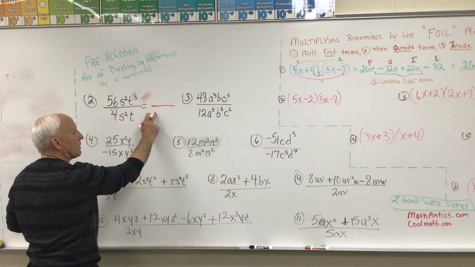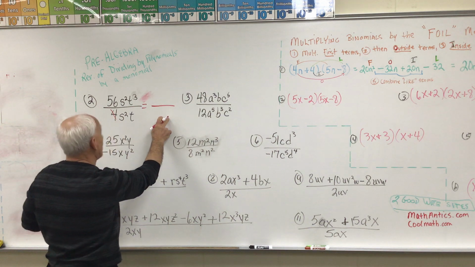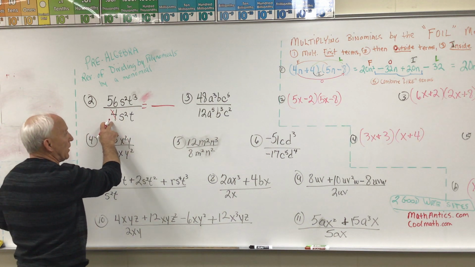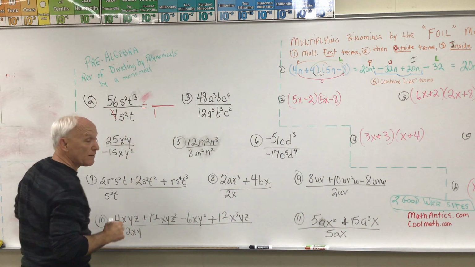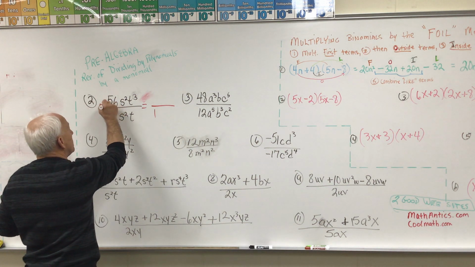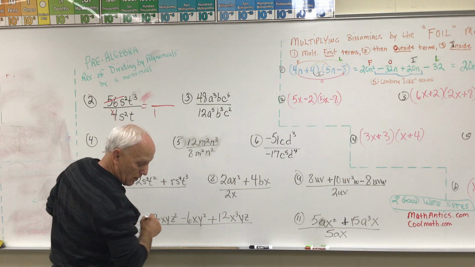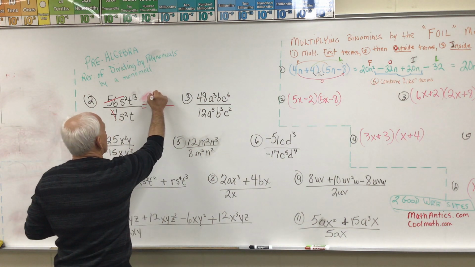Do we need the 1 when it appears with other variables? No. So we don't have to put the 1. If you put the 1, that's fine. I don't have a problem, but it's not necessary. And then we know if you did that correctly, 4 into 56, I believe, goes 14 times, does it not?